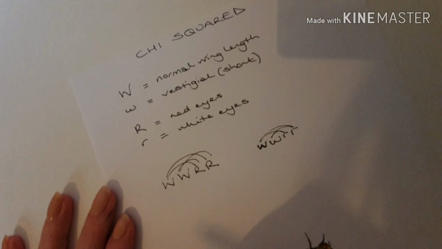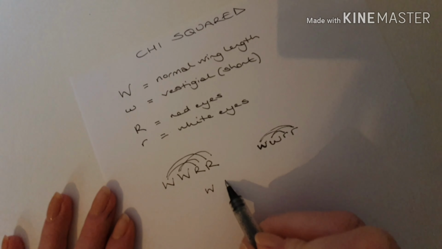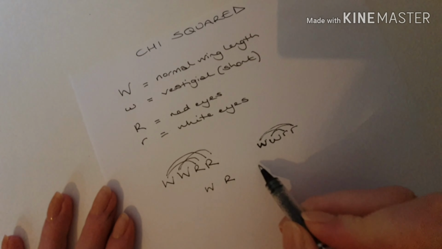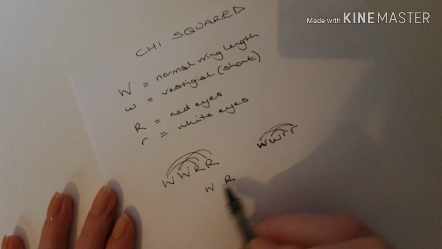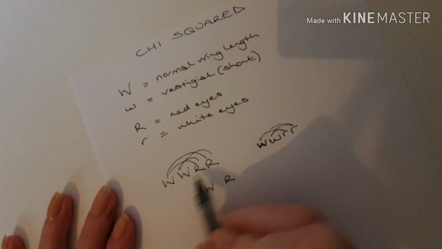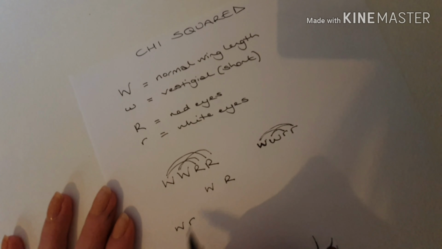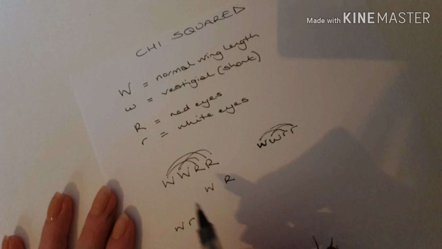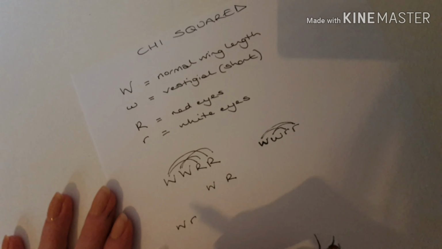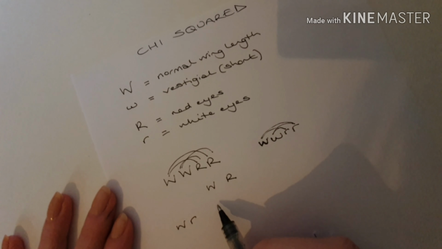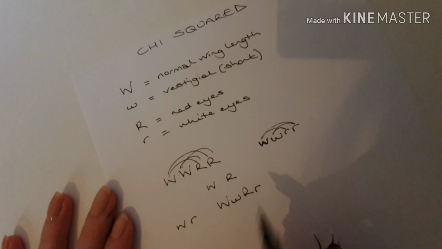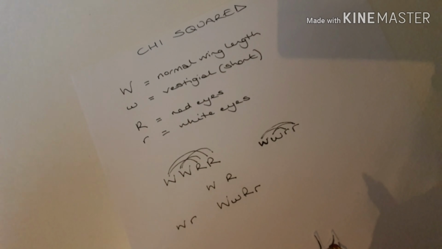So this dad can only produce a W and an R. Those two will always go together because that's all he's got. And mum has only got those 2. So we could do it 4 times, twice, to make our 4 Punnett square, but we don't need to because we know the offspring are all going to be heterozygous.